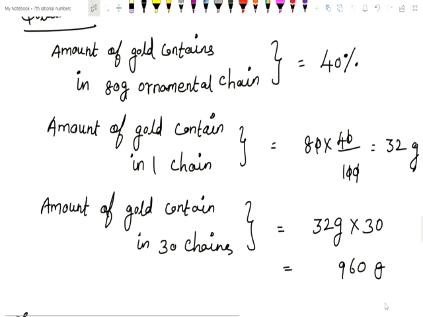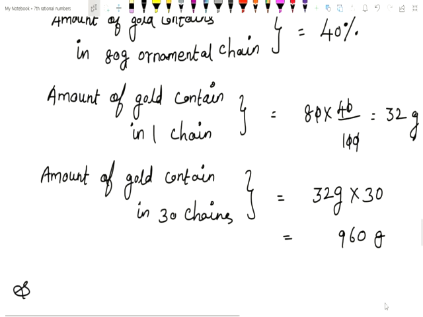But we should give the answer in kilogram. So convert this. 1 gram equals 1 by 1000 kilogram.